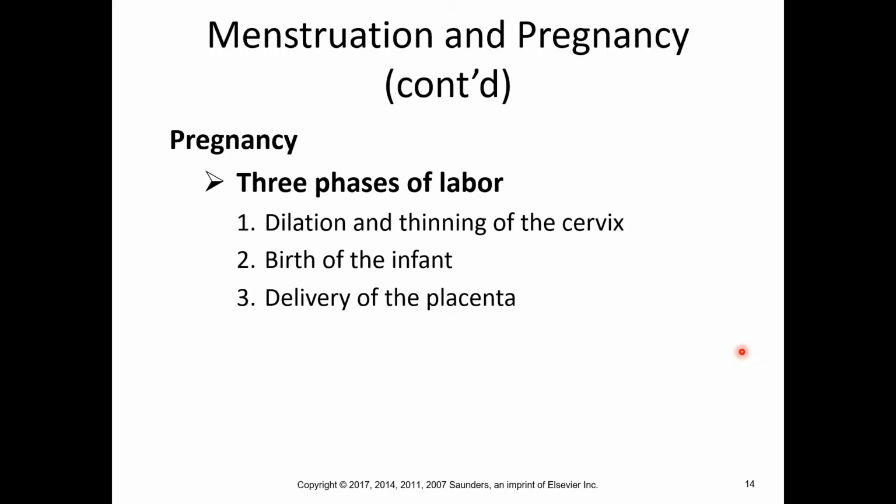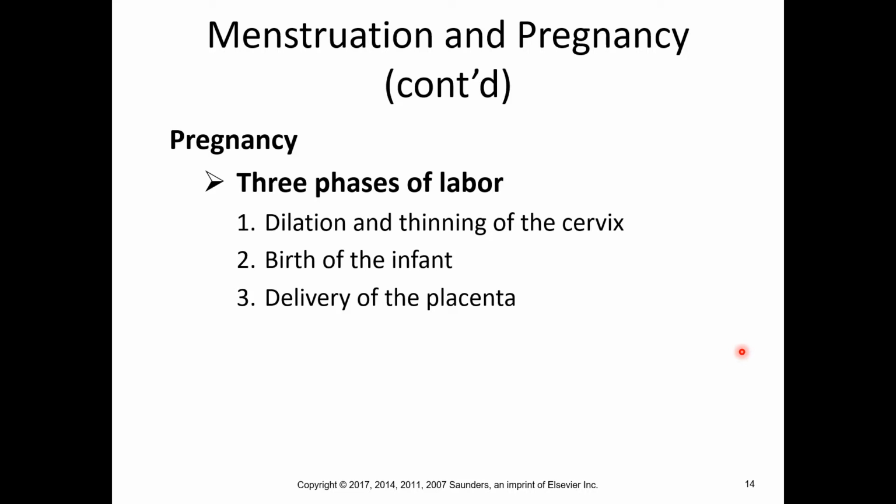We've all heard, when somebody in the family is having a baby, you go to the hospital and hear, she's only 8 centimeters dilated, it's not time for her to push yet. And we all know that at the 10 centimeter mark, it's time to start pushing. So the cervix dilates a specific amount, and once it reaches that width and thinning, it's time to start pushing and birth the infant.